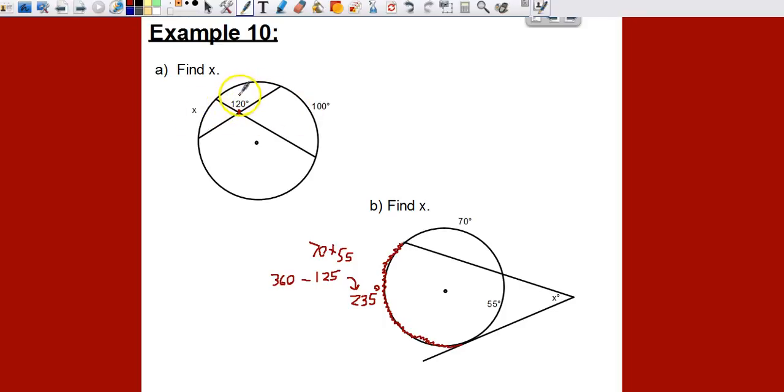It's got to be facing those. So we actually can't use 120 for the angle. The angle are these right here, and notice they form a line. So these are going to be supplementary. So the angle is actually going to be 180 minus 120. That's going to give you 60. So I'm going to write 60 in there.